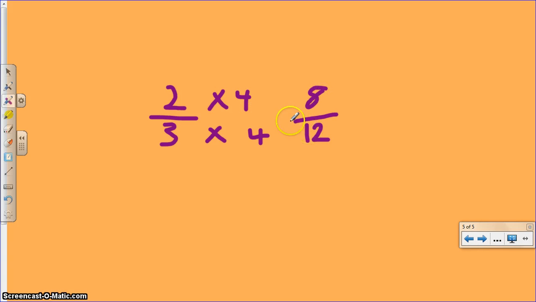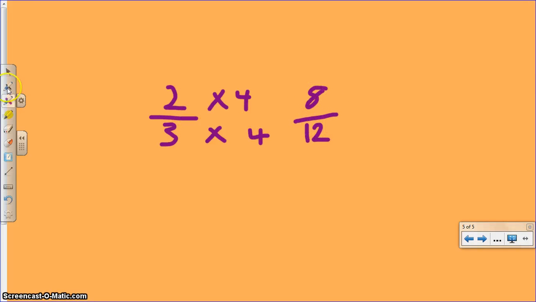So 8/12 will be equivalent to 2/3. They're the same fraction, just cut up into different pieces. One has 12 pieces in it, and we're talking about 8 out of 12, and this one we're talking about 2 out of 3 pieces. So if we had the same size pie and cut one up into 12 pieces and one up into 3 pieces, 2 of those pieces would equal 8 of these pieces.